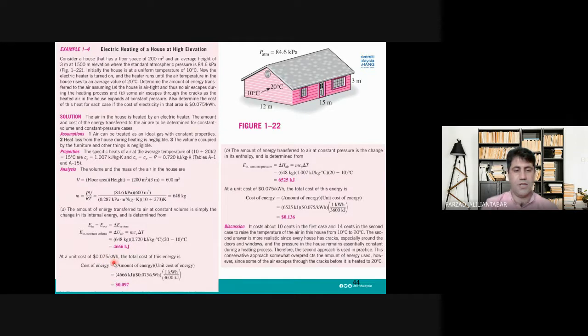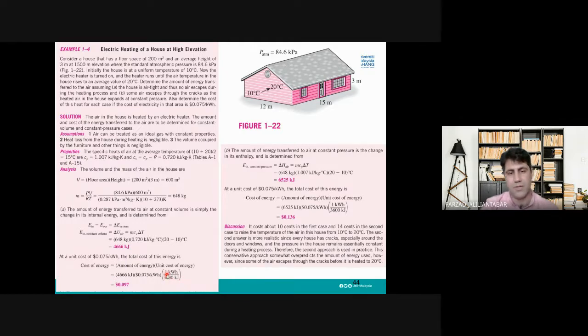To calculate the cost of energy in this case, we need to multiply the amount of energy times the unit cost of the energy. Simple calculation. The amount of energy we have calculated, and the unit cost of the energy is also given. But here you need to be careful with the unit conversion ratio.